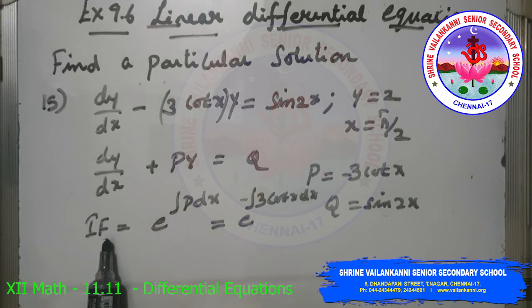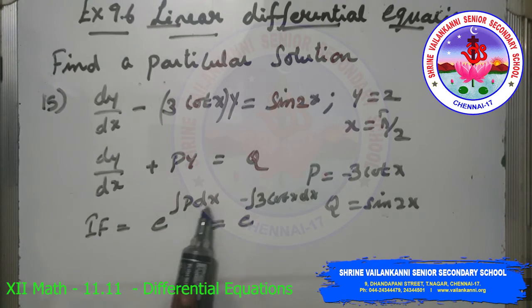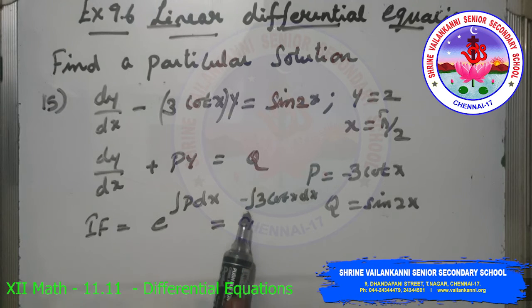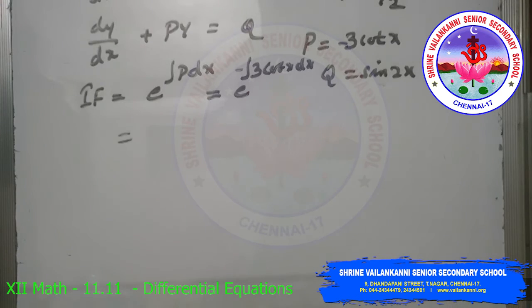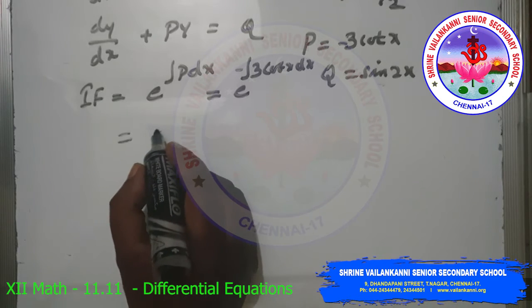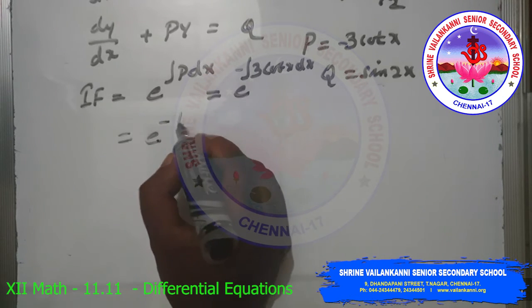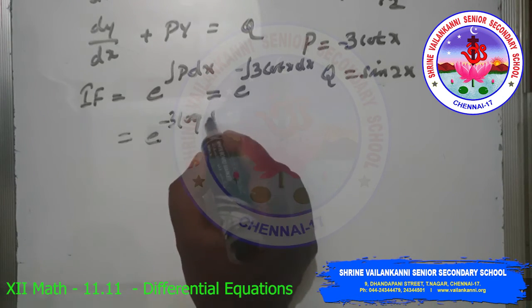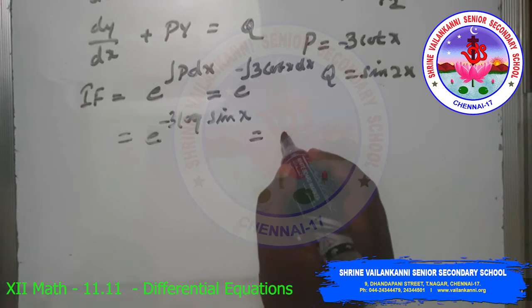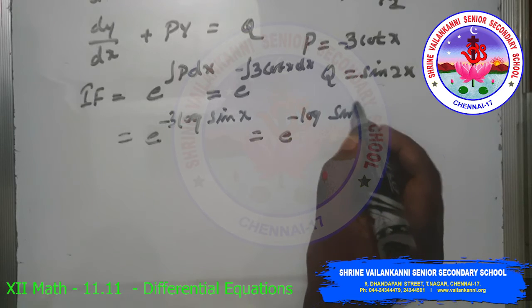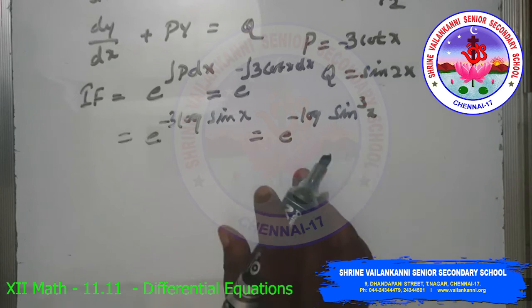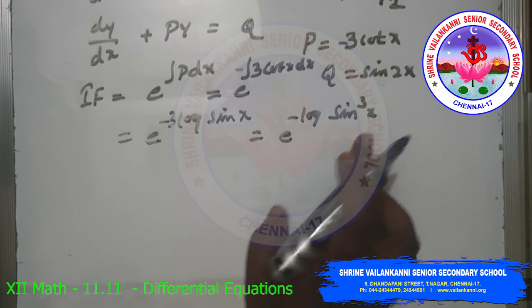Then the second step, we have to find integrating factor, which is equal to e to the power of integral P dx, which is equal to e to the power of minus 3 cot x dx. So integral of cot x is log sin x. So e to the power of minus 3 log sin x, which is equal to e to the power of minus log sin cube x, taking this to the power 3.